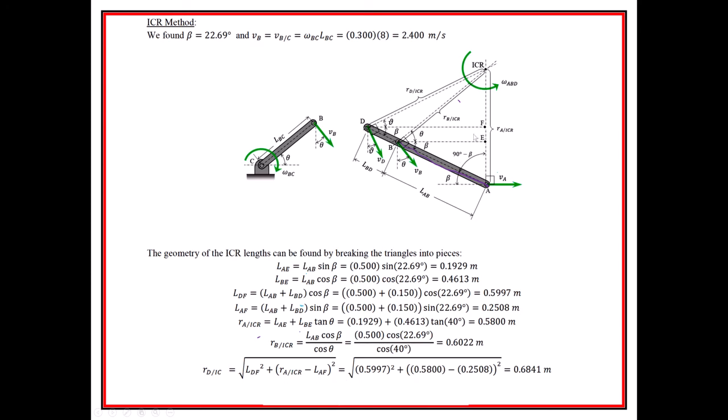And then lastly, I'm able to find the hypotenuse of this triangle right here to be able to find RD with respect to ICR. And that ends up landing us with 6.6841.